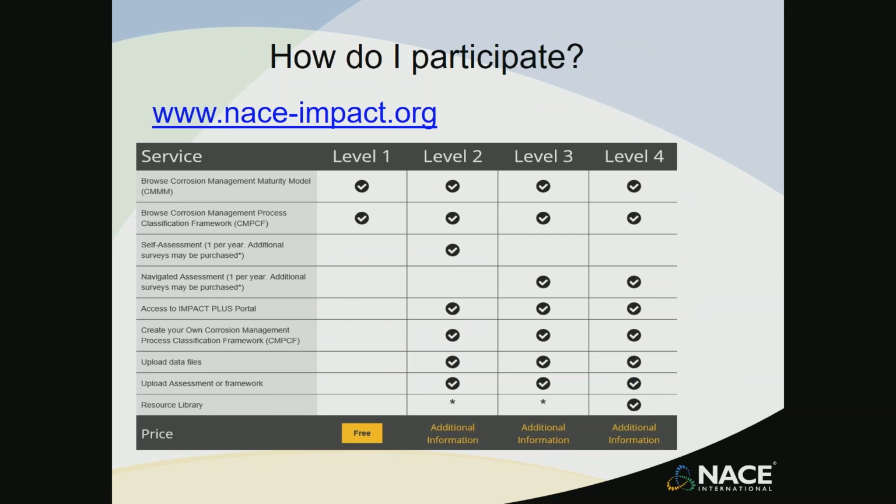So how do I participate in the utilization of Impact Plus? Well, you're probably here listening today because you did level 1. You went online and you looked at the maturity model and the process classification framework because it was free, and you said, I want to know a little bit more about this.